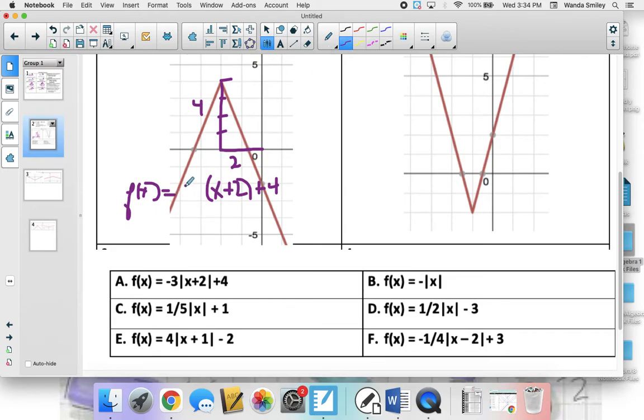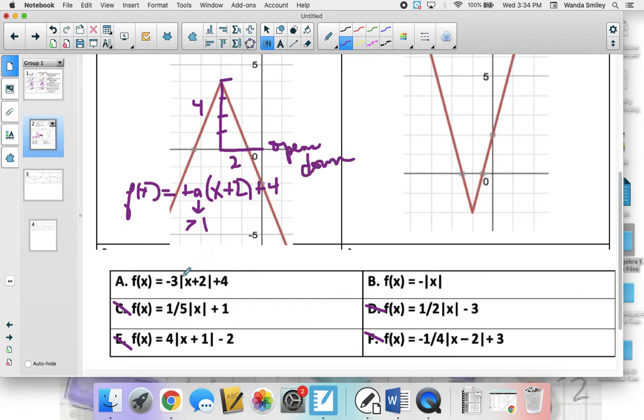So it's a positive A, and the A is going to be greater than 1. So we can eliminate the ones with fractions. We can eliminate the negatives because we know that it opens. Actually, we don't eliminate the negatives, sorry. Since it opens down, we can eliminate the positives. So we eliminate E. So that comes down to A or B because it opens down.